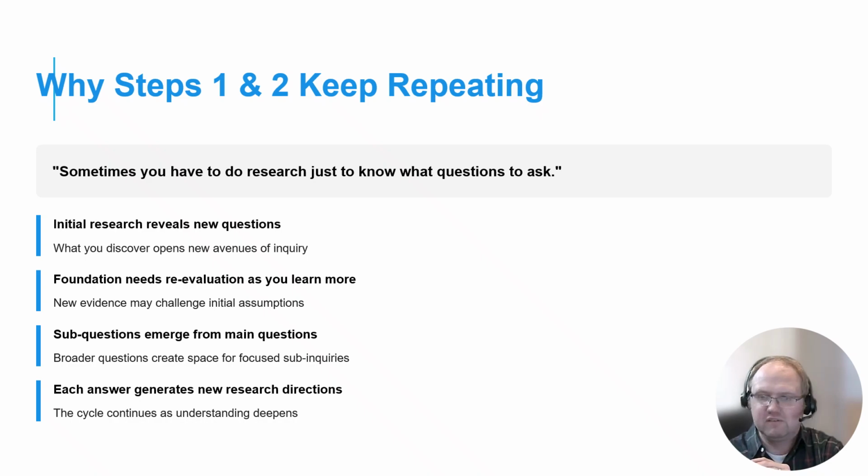The foundation often needs reevaluation as you learn more. Maybe you heard from family legends that John Smith was born in Virginia, but as you do research in other records in later stages, you find he was probably more likely born in North Carolina. You might have to go back. Was the story wrong? Did the family move back and forth? Did they move from Virginia to North Carolina with John born during that move?